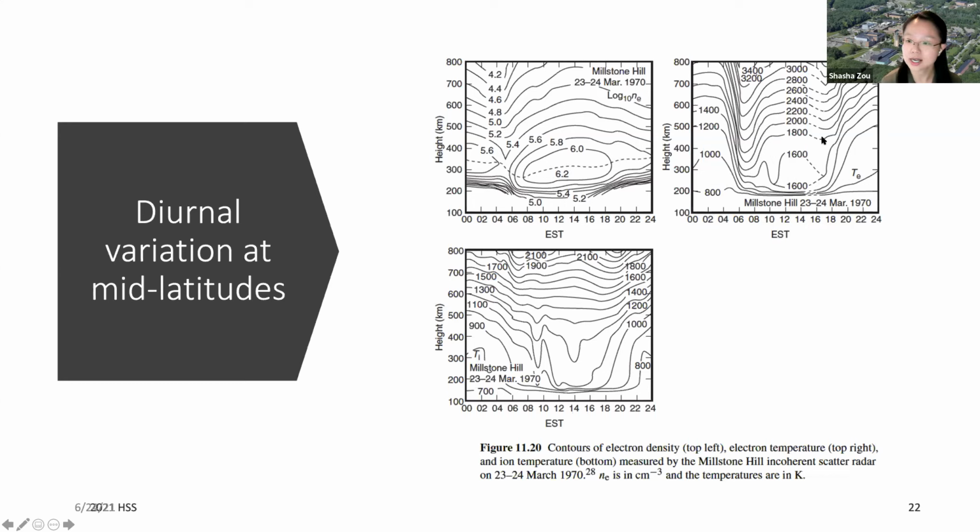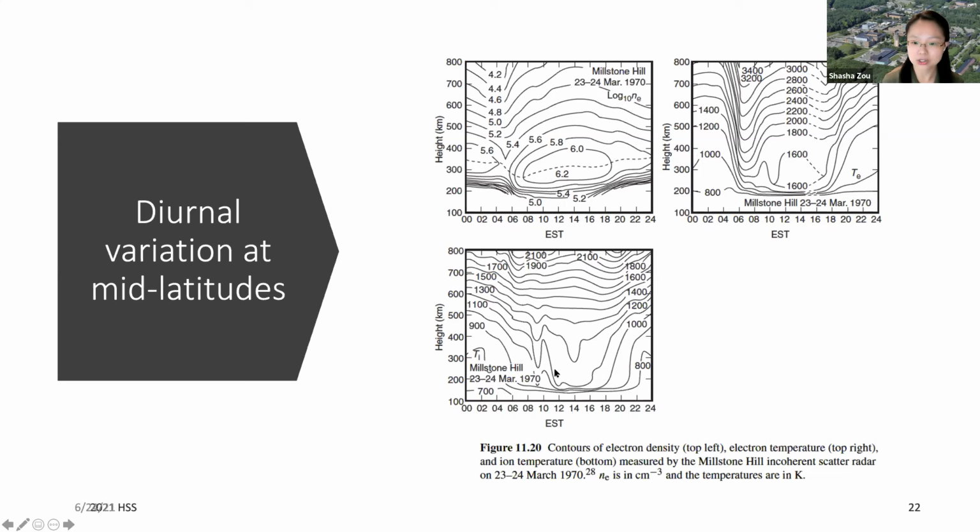And then after that, the densities disappear, right? Once the density starts to disappear, we usually see some enhancement in the temperature, and that could be due to the heat flux coming from the ring current region. And Millstone Hill maps to a very good region where the ring current can exist in the inner magnetosphere.